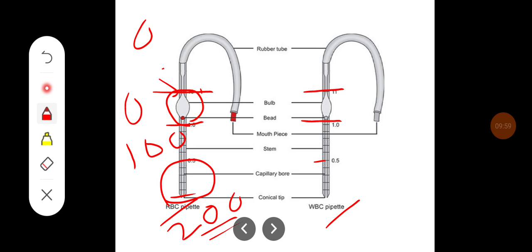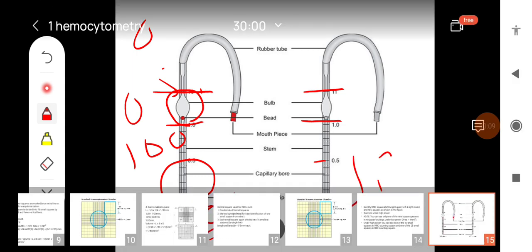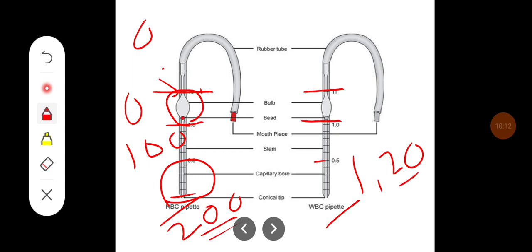So 0.5 part of blood is mixed with 10 parts, and the dilution here becomes 1 in 20. So when you are counting WBC, the blood is diluted 20 times, and when you are counting RBC, the blood is diluted 200 times.